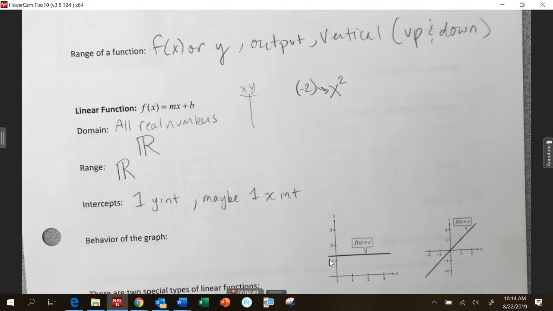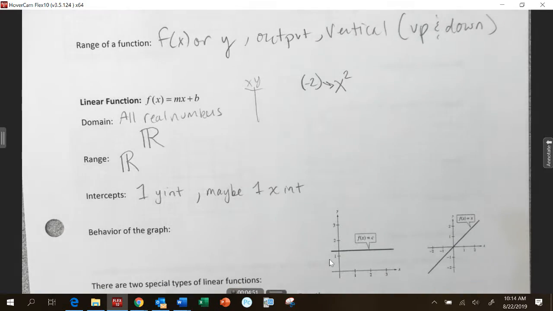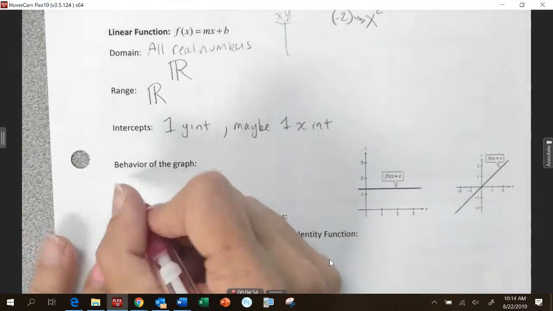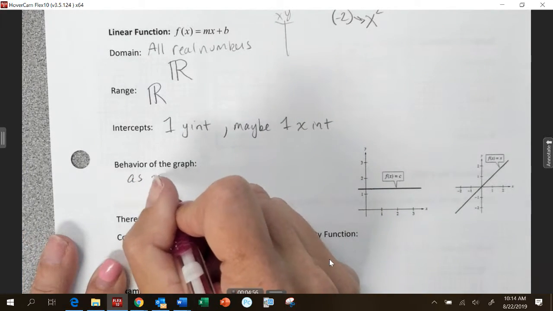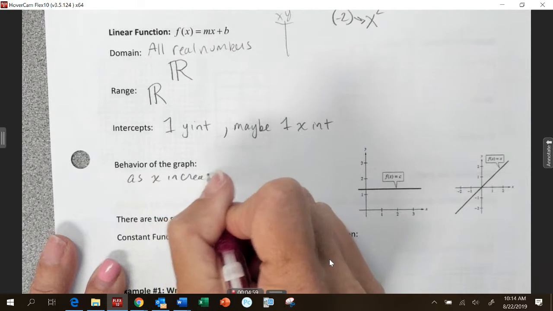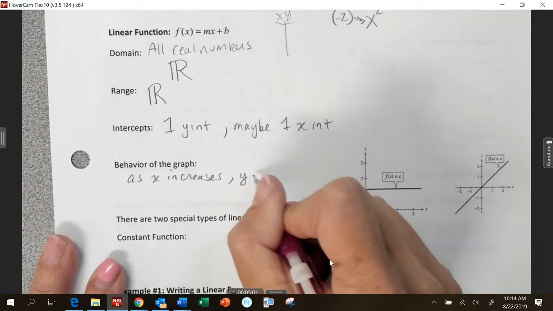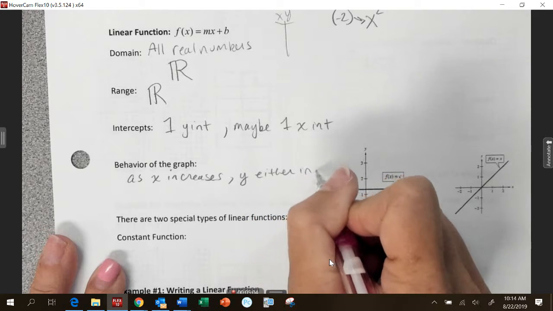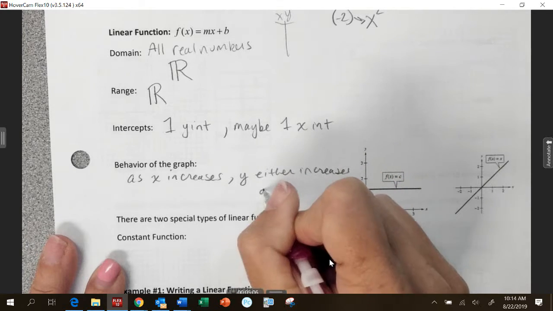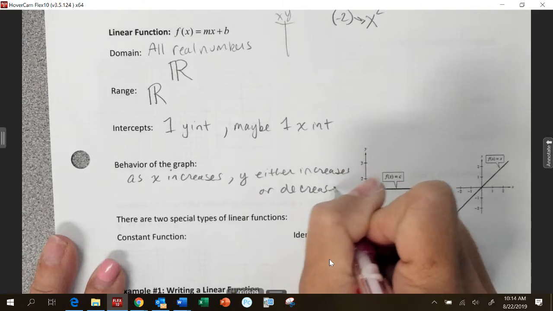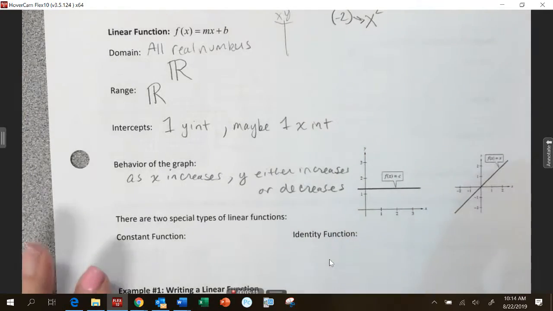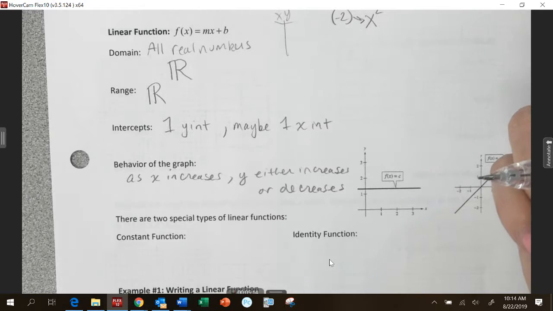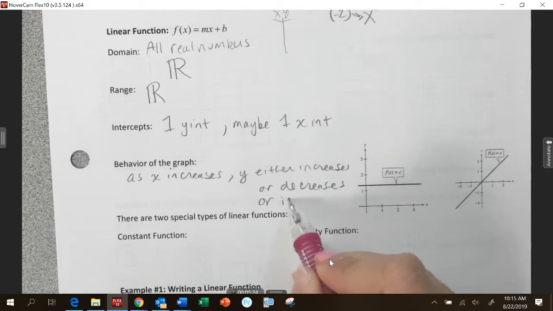And then behavior of the graph: as x increases, y either increases or decreases. And what's going to determine if the y values increase or decrease? Positive or negative. So I guess I could say or is constant.